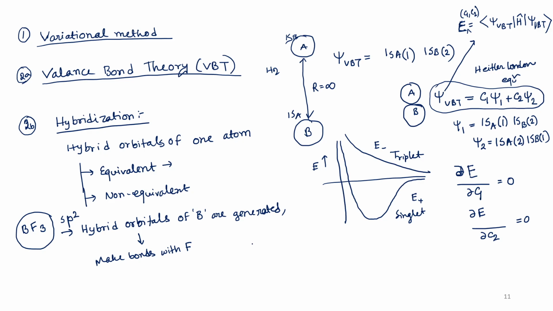Now you can think of BF3 as a planar molecule, so it would look something like this. The 2s orbital and 2p orbitals of boron are the valence orbitals, second row.